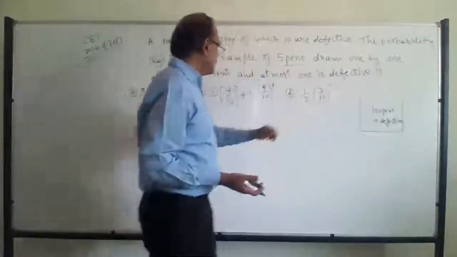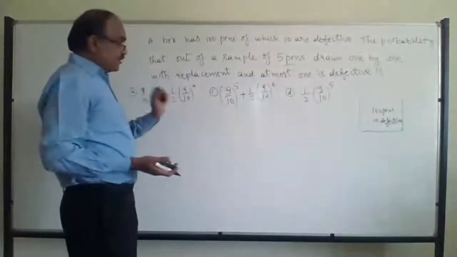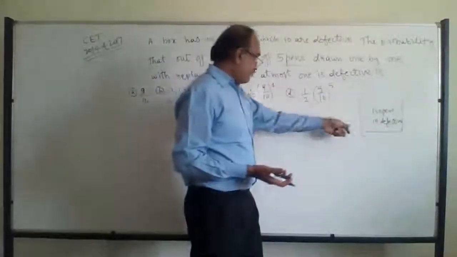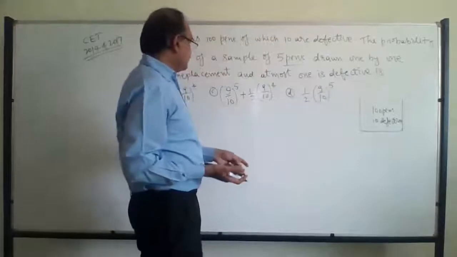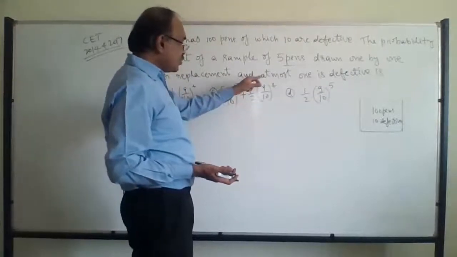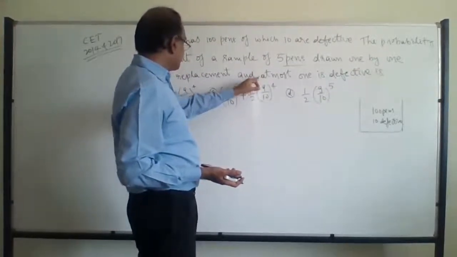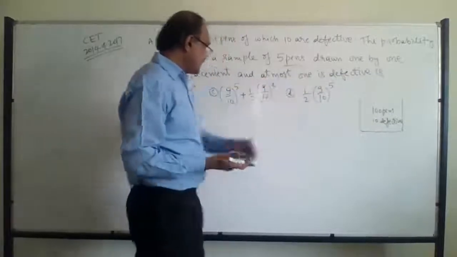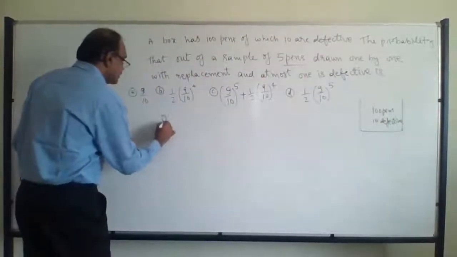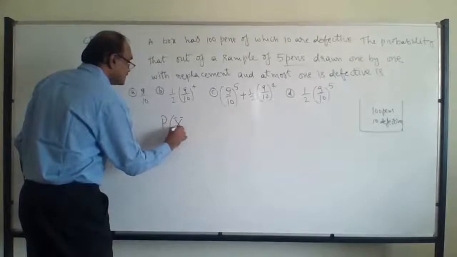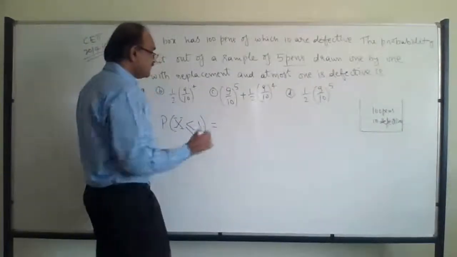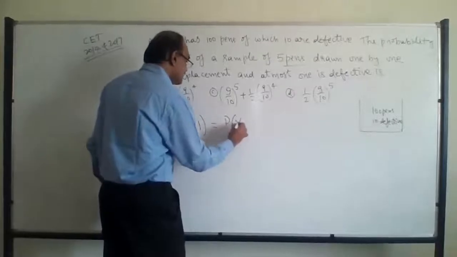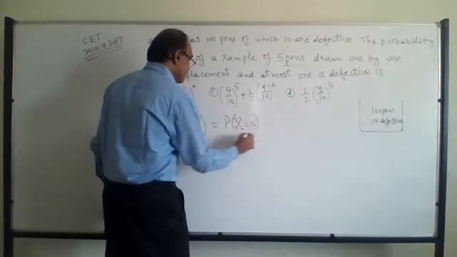One by one you are picking, and you are putting it back once again, with replacement here. You pick one and then put it back. What is the probability that you get at most one defective? That is probability of X at most, meaning less than or equal to 1. That is probability of X equals 0 plus X equals 1.